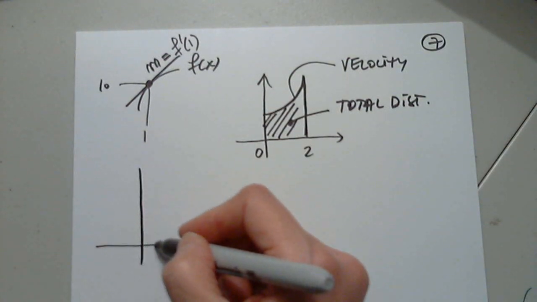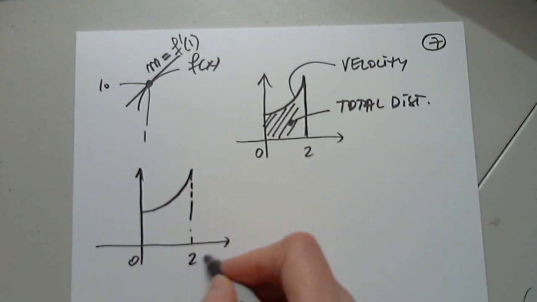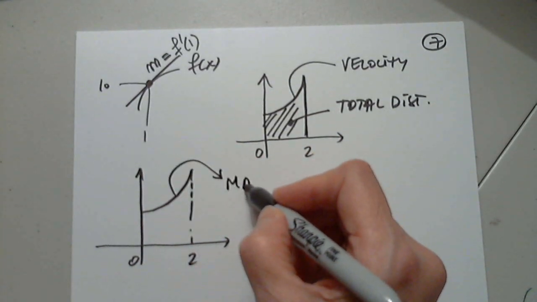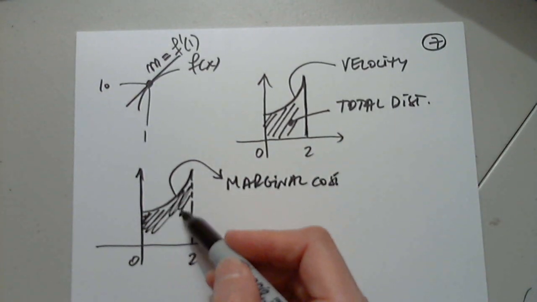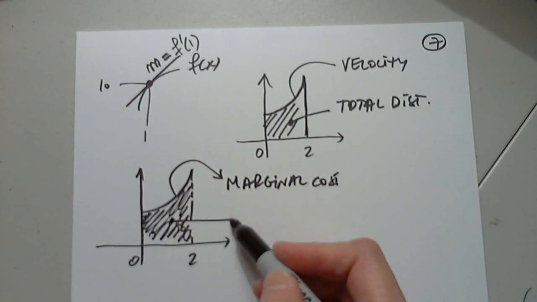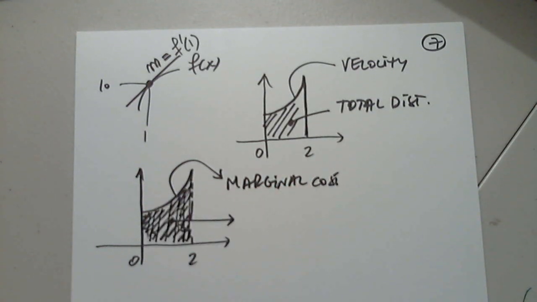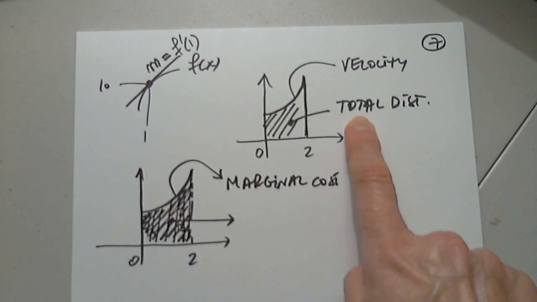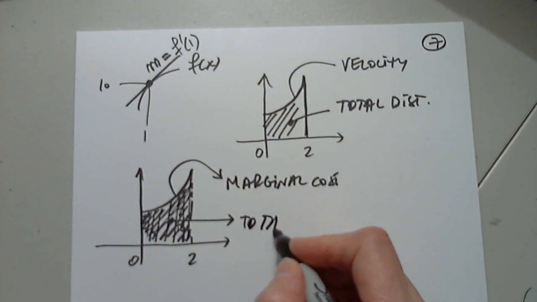If now I have marginal cost, let's say this function is the marginal cost, what will be this area? All this area under the graph. The revenue? Yes. But the cost, we're talking about cost. It will be the total cost of manufacturing between 0 and 200 or 0 and 2000 or whatever the measurement unit is. So this is the total cost.